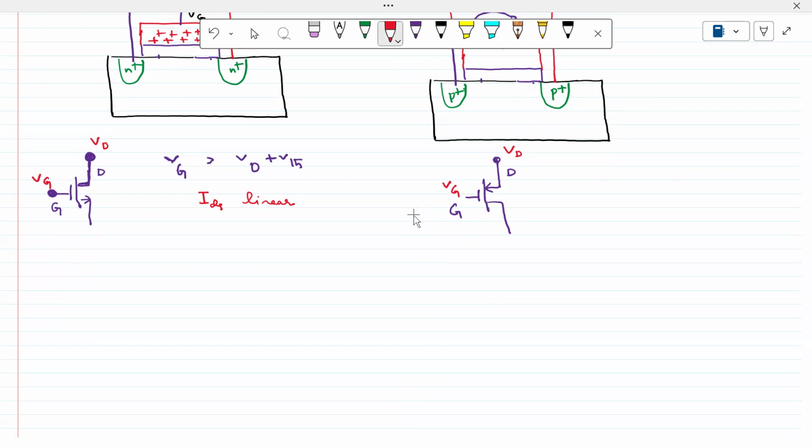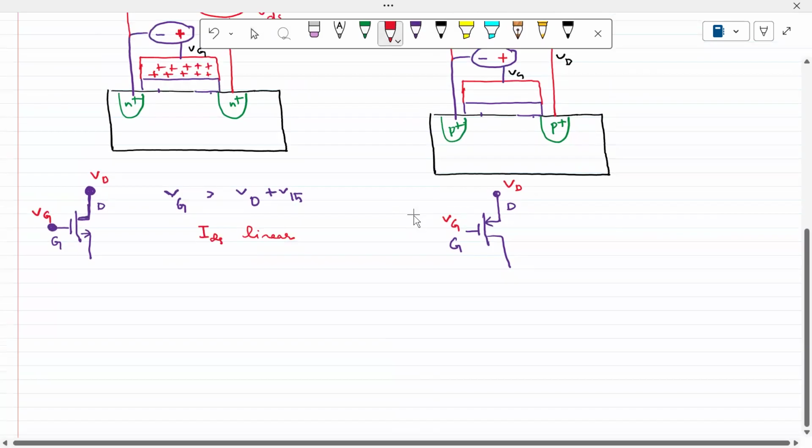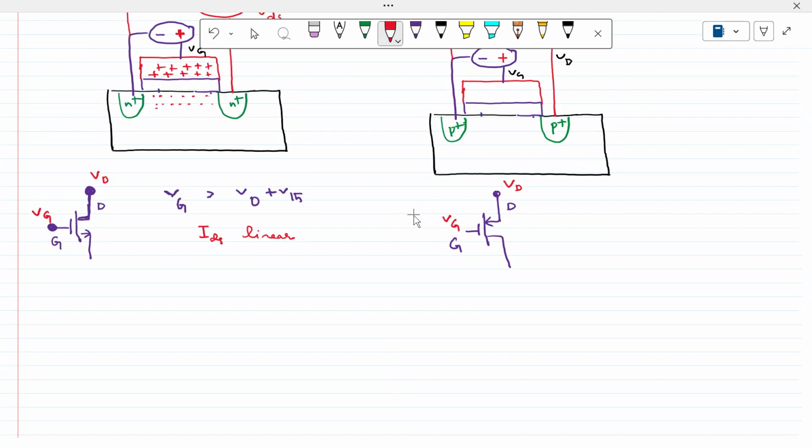That means the drain potential plus threshold voltage is less than the gate potential, or the gate potential is more than the drain potential plus threshold voltage, then the channel will be formed without any problem. Okay, therefore the current will flow in a linear relationship.